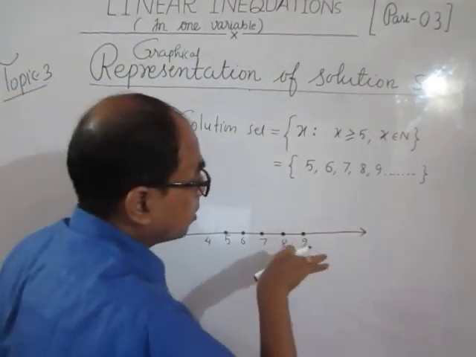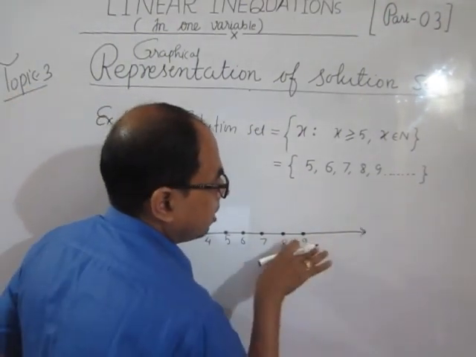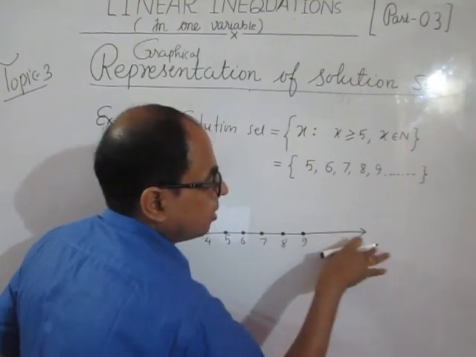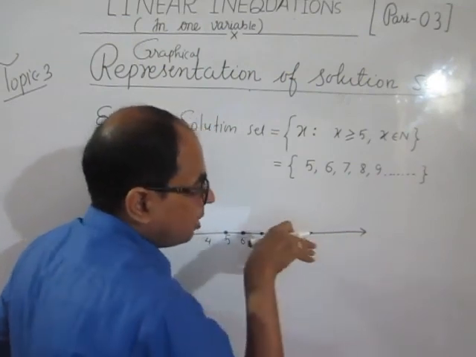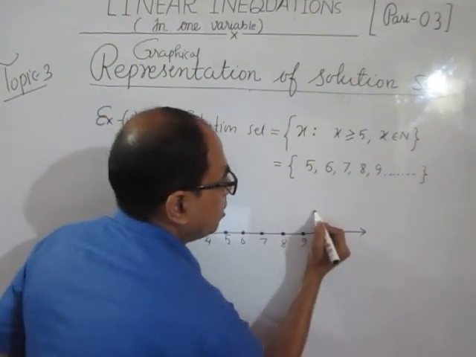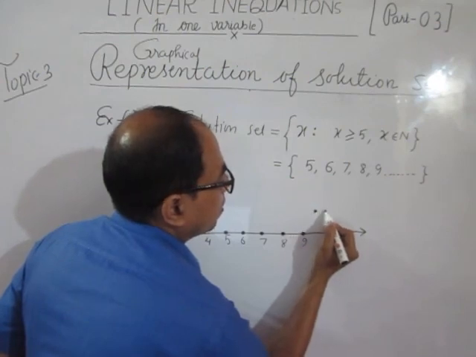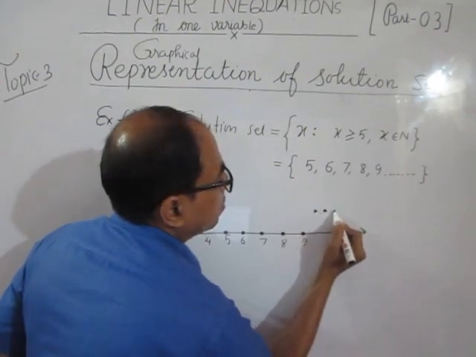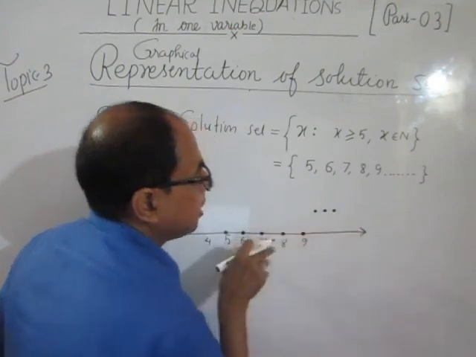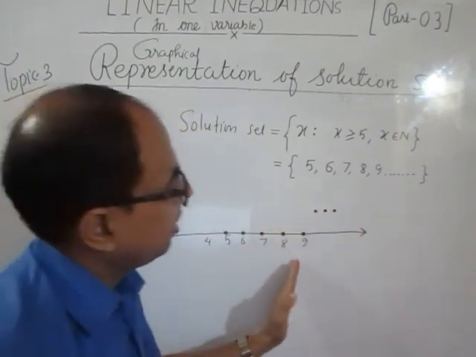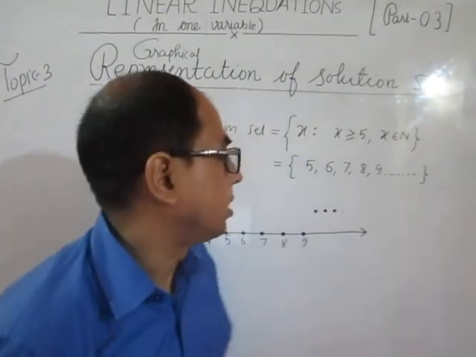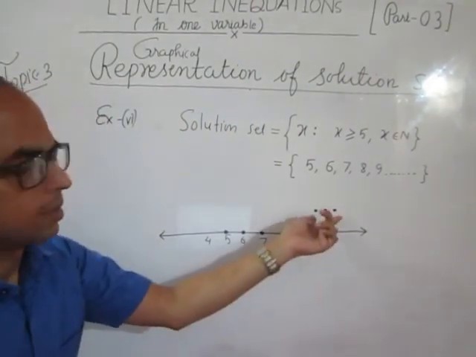So for that, what will we do? There are many natural numbers this side, so I will indicate it in this way. We will put here 3 dots. These 3 dots indicate that after 9 also many natural numbers are there. So this is the indication.